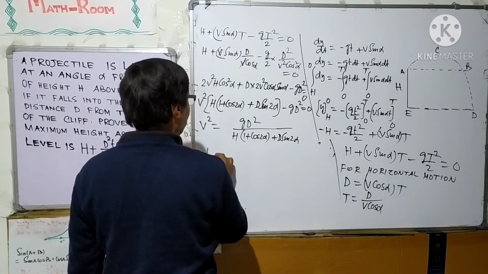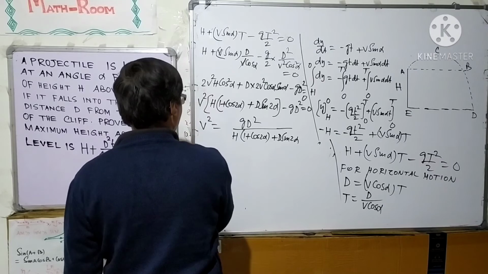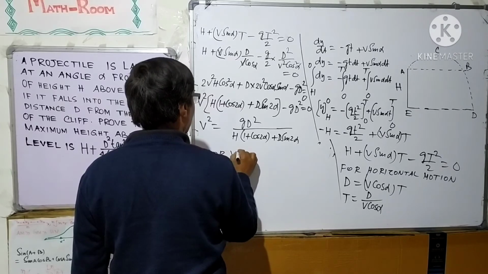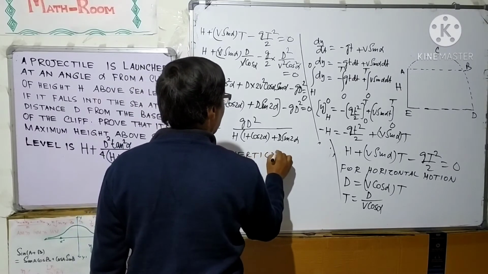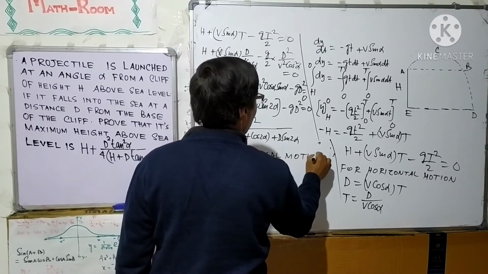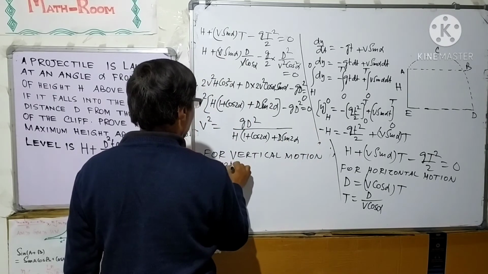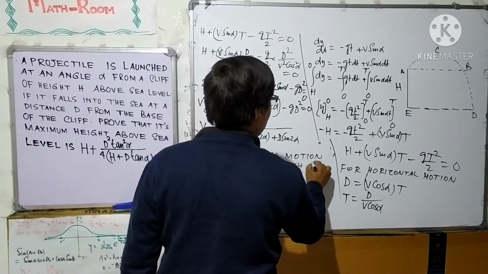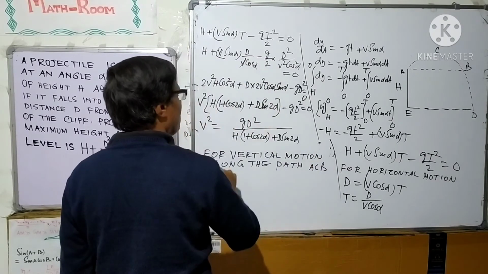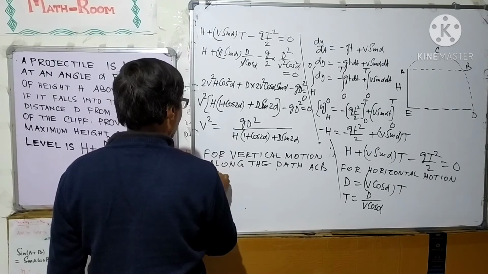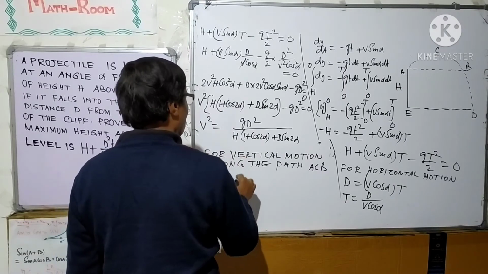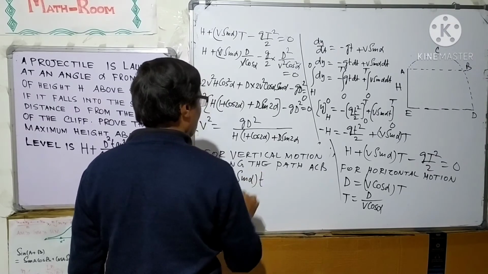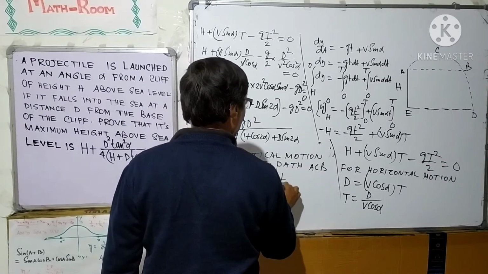h is equal to, for vertical motion along the path ACB, we can write h is equal to V sin alpha into t minus half g t square.